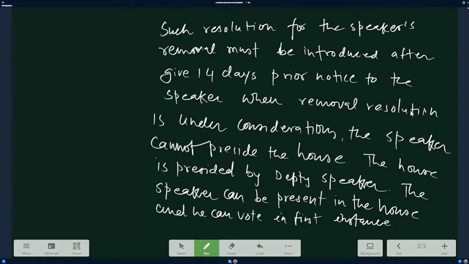He cannot vote in the case of a tie, equality of votes.